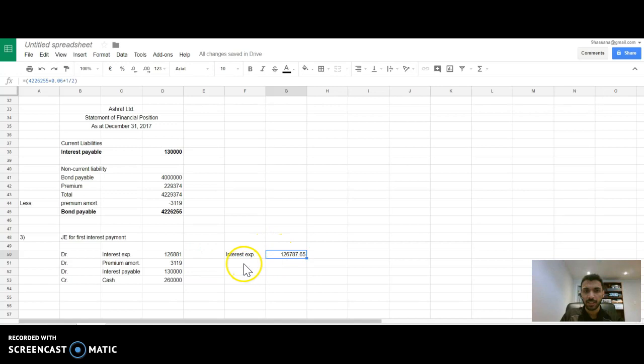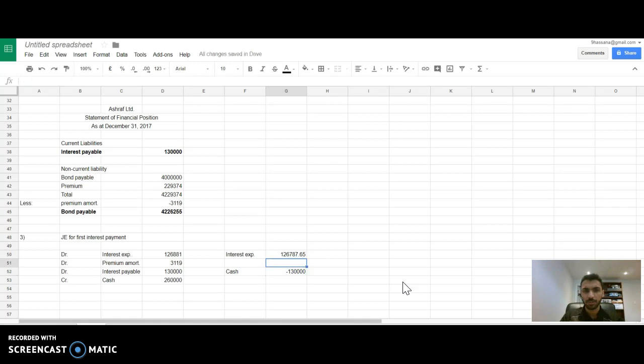The reason for that is our amortization. So if all things remaining the same, we were paying cash of 260 and interest payable of 130. And in this case, what would ordinarily happen is, since you're semi-annual, let's just simplify this. Our credit would be cash going out for the second time of $130.